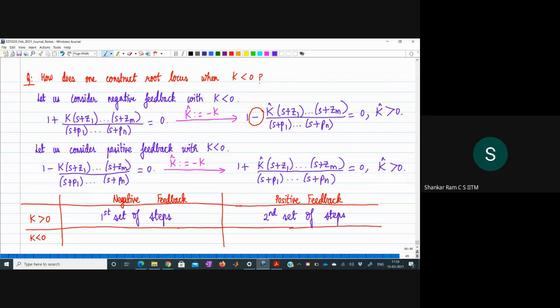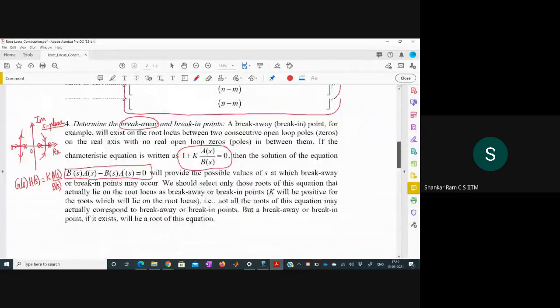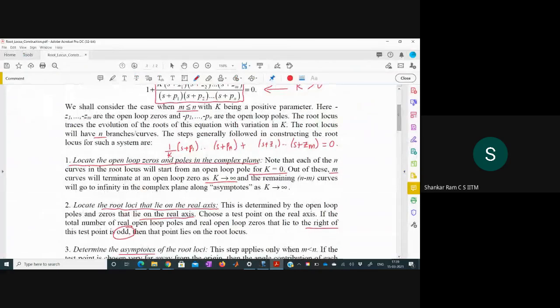So what do I mean by first set of steps? First set of steps means this one. So this is set one. What we learned previously, we will call set one or the first set of steps, wherein the angle condition was an odd multiple of 180 degrees, right?